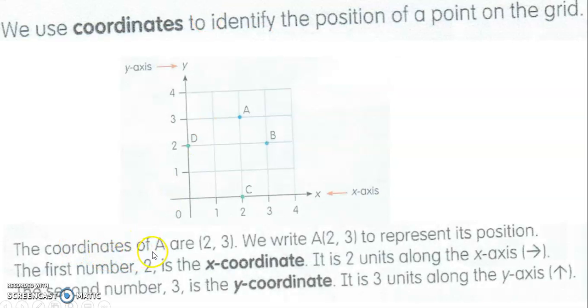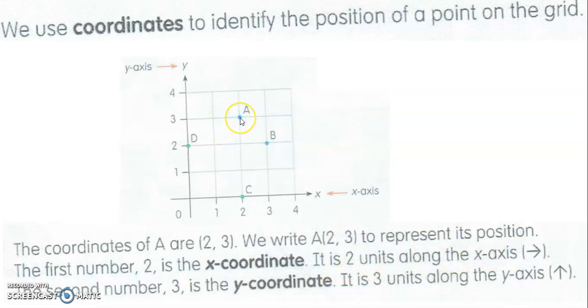The coordinates of point A are 2, 3. We write A, then we open brackets and we put 2, 3 to represent its position. The first number 2 is the x coordinate. It's 2 units along the x-axis.